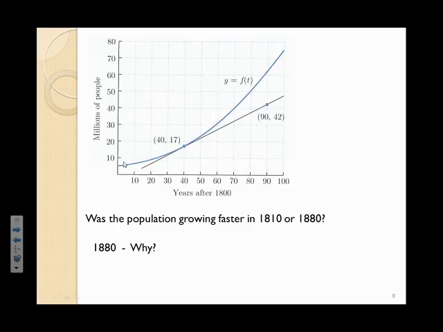And we look at it and estimate that, well, yeah, we think it would be growing faster in 1880. Well, if we draw the tangent line here in 1810, the tangent line would be here. And if we draw the tangent line in 1880, it's going to touch here at this point, it's like this. Now, again, the steeper the line, the greater the number, right?